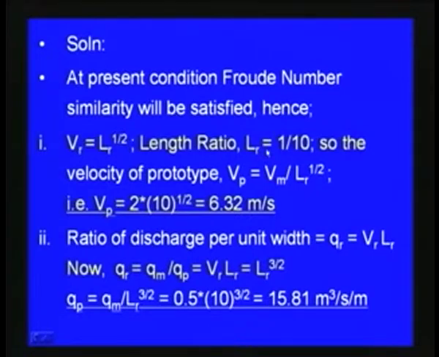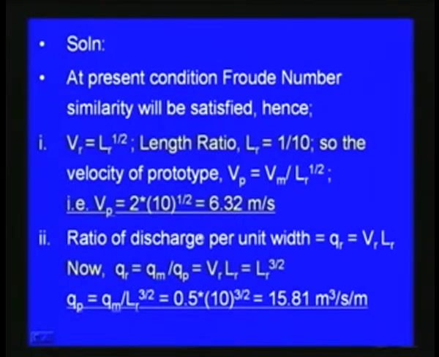The length ratio is given as LR equal to 1/10. So the velocity of the prototype is Vp equal to Vm by LR to the power 1/2. Vm is 2 meter per second, and LR is 1/10, so 10 to the power 1/2. This gives 6.32 meter per second. This is the first part of the question.